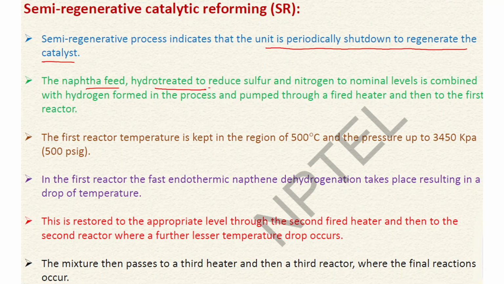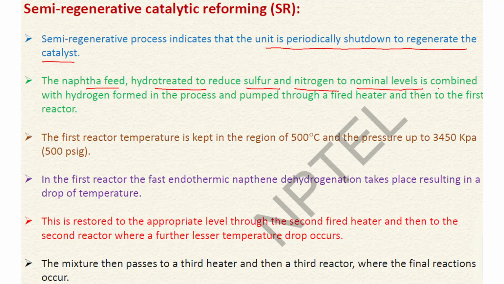The naphtha feed, which is fed into this SR reactor, is firstly hydrotreated to remove trace elements of sulfur and nitrogen, to bring them to a nominal level.